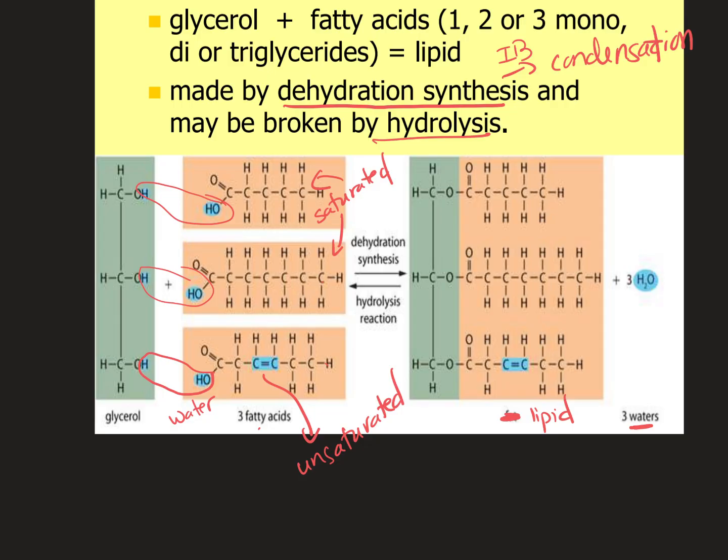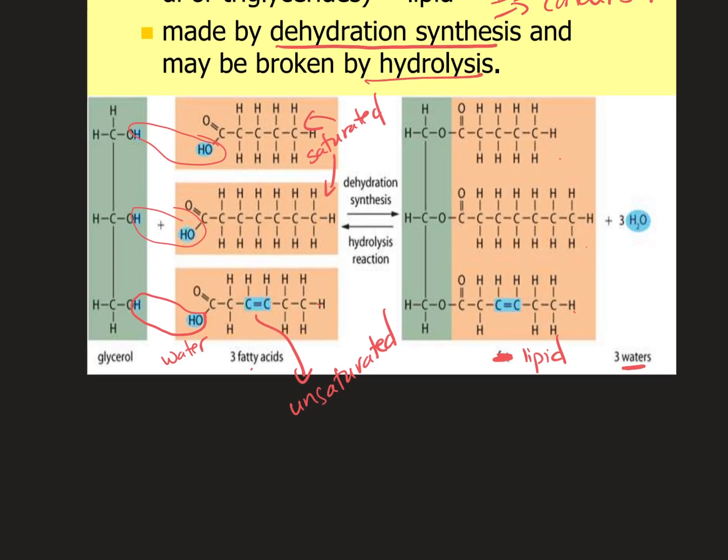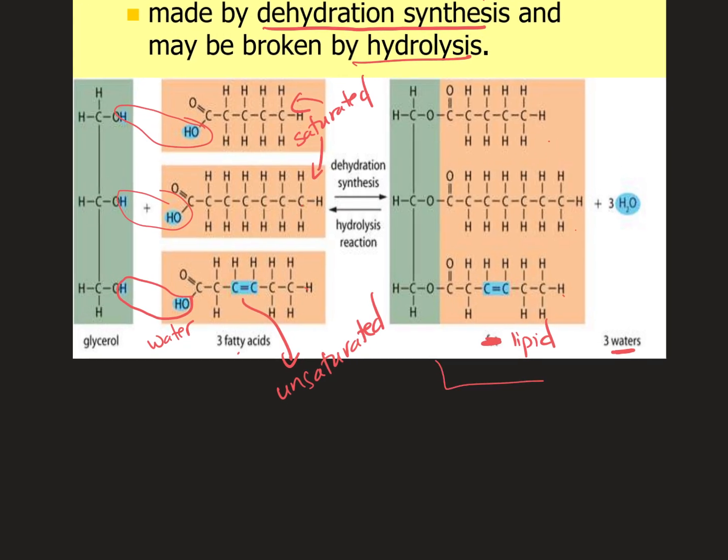Because we have 3 fatty acid chains making up this lipid, this is called a triglyceride. Tri meaning 3. And this word glyceride, remember we had disaccharide, the ose ending indicating a carbohydrate. Well, glyceride means that you have a lipid.